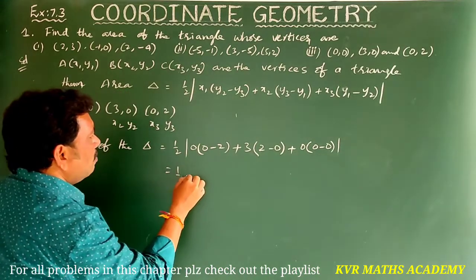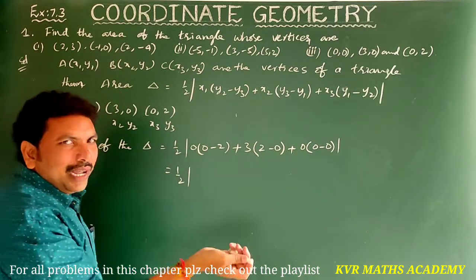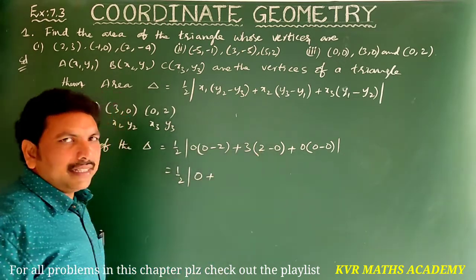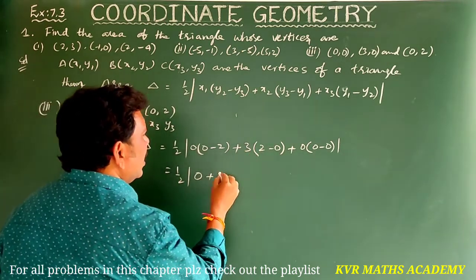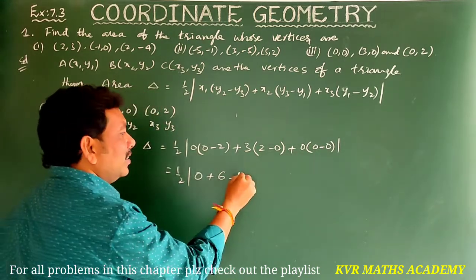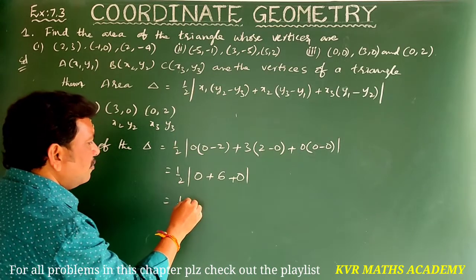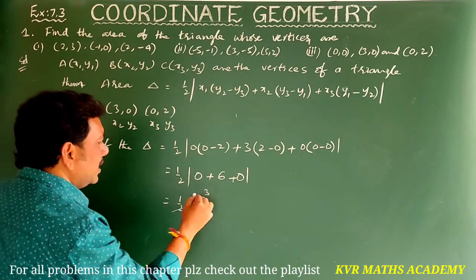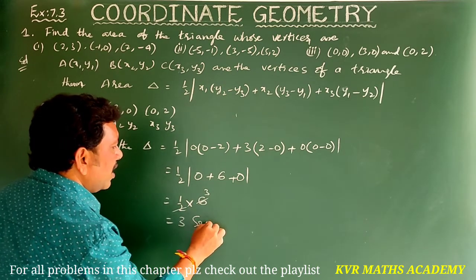So that is equal to half modulus of 0 into anything becomes 0, plus 2 minus 0 is 2, 3 twos are 6, plus 0 into 0, 0 into anything is 0, right? That is equal to half into 0 plus 6 plus 0, which becomes 6, half of 6 is 3. That is equal to 3 square units.